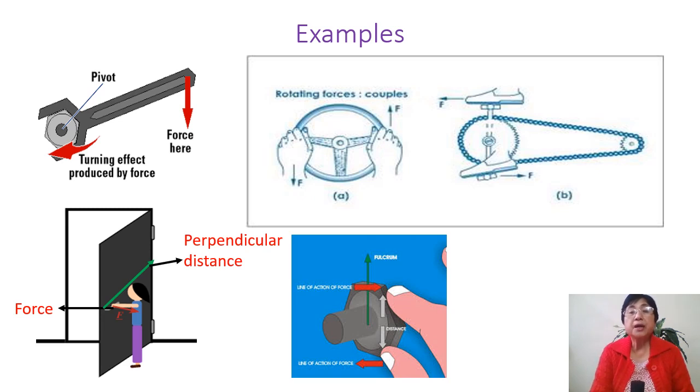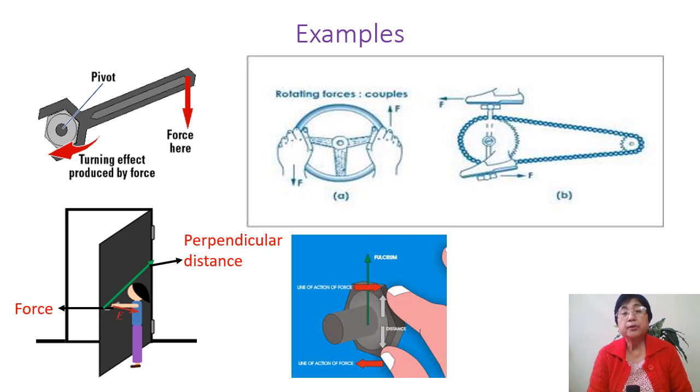Similarly, when you apply force on the pedal of a bicycle, the pivoted point is here, and the force that you apply on the pedal will be transferred through the chain to this point, where the axle of the tire will be.